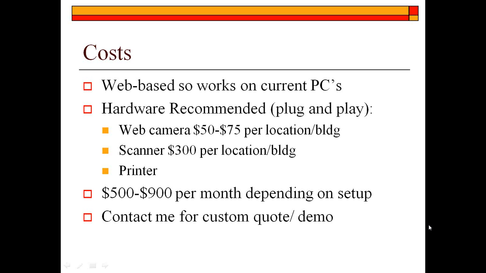The web camera could be anywhere from $50 to $75, depending on which one you choose. The scanner, the one that's most effective and working blazingly fast, at about a second to a second and a half to populate the information, is about $300. That would be the cost per building.